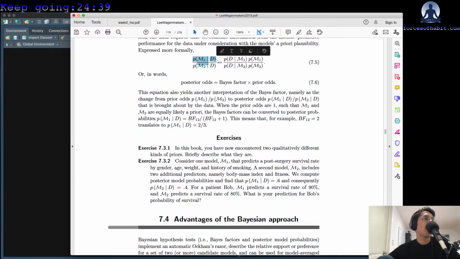We use this value, which is the final value. These are the posterior odds.